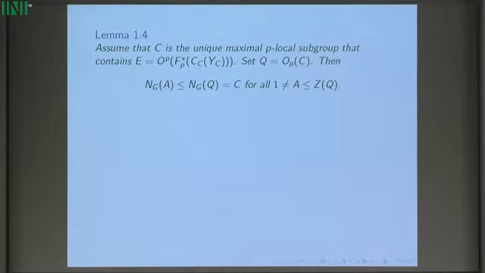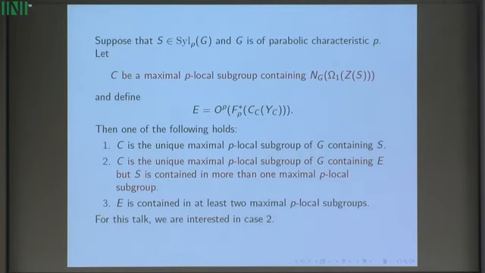The case we're going to look at is that C is the unique maximal p-local subgroup of G containing E. So that's not this case, but it's going to disappear in a moment anyway. But S is contained in more than one maximal p-local. And then the other case is that E is in at least two maximal p-locals.